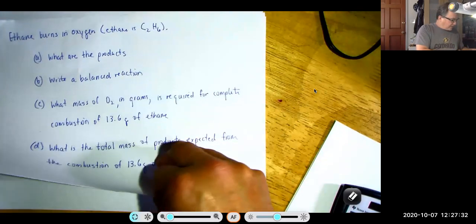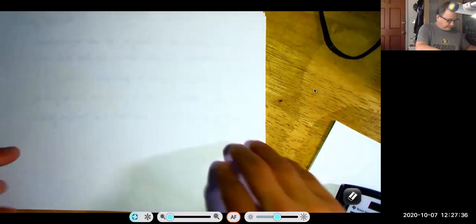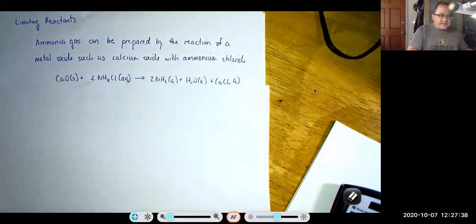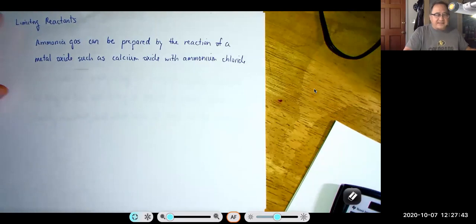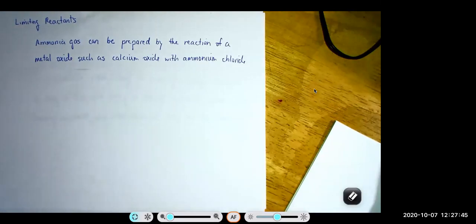Okay, let's try another one here. This is a limiting reactant problem, and the following are pretty much going to be limiting reactant type problems, okay?